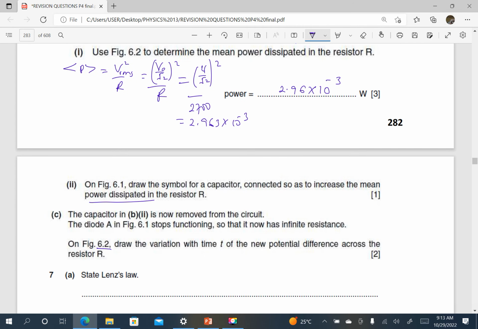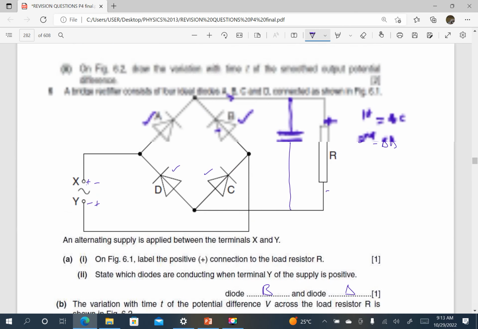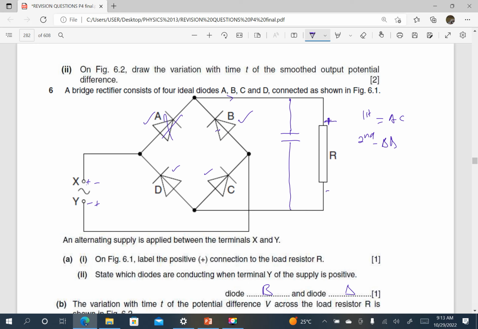Now the diode A in the figure stopped functioning. Let's check. A is no longer functioning. Okay, so if diode A is no longer functioning, then it means we shall most likely be having a half wave.